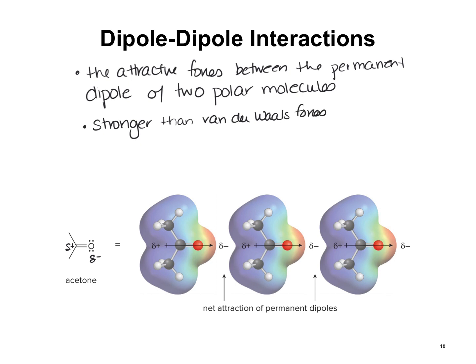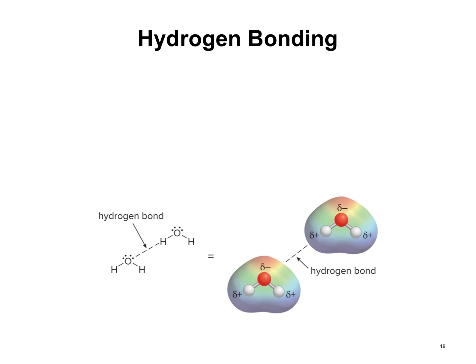Now, there's a special type of dipole-dipole interaction that's even stronger, and that's hydrogen bonding. So hydrogen bonding generally occurs when you have a hydrogen atom bonded to a fluorine, oxygen, or nitrogen atom, right?